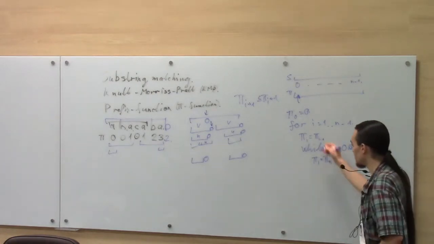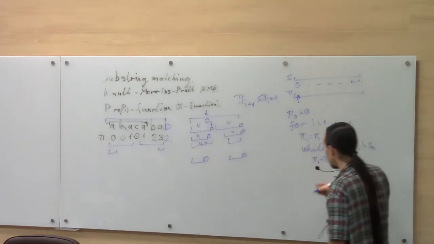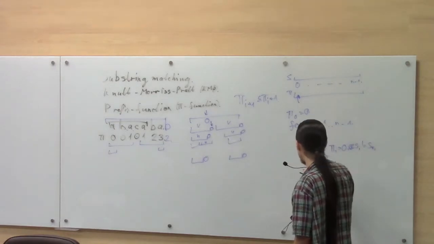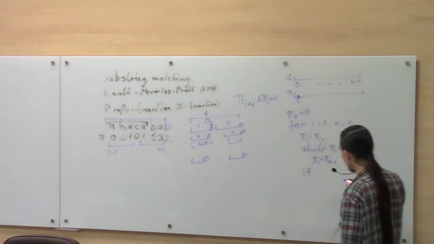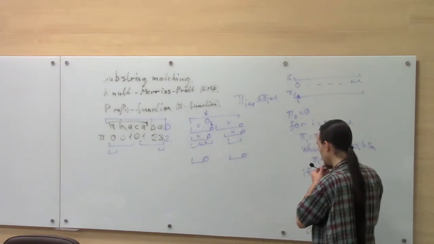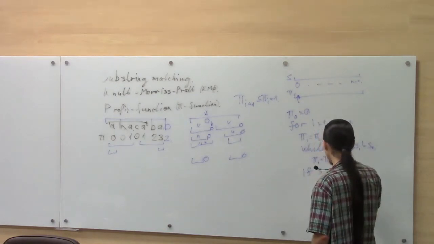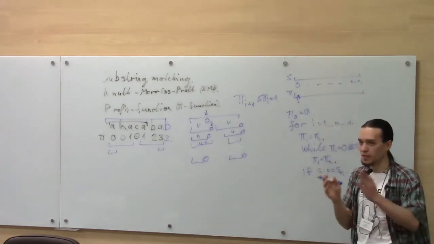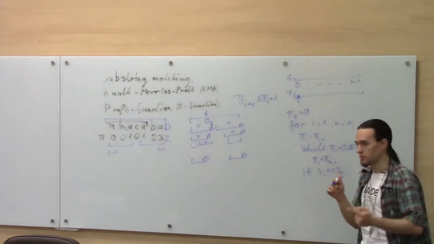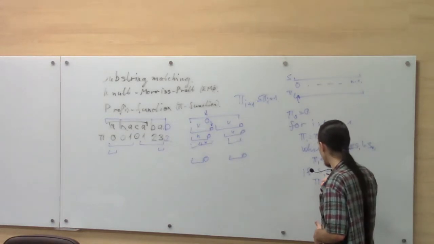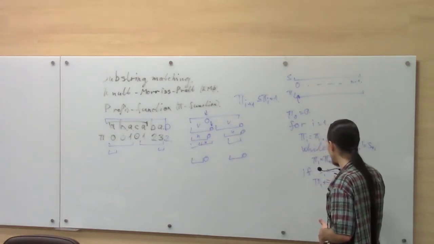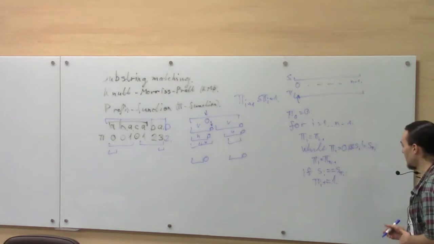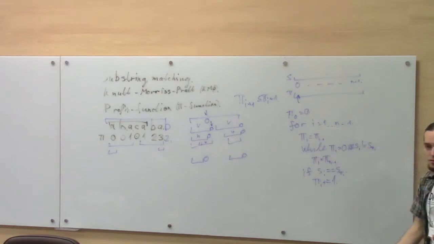So to make easy work of all these cases, we are going to write if this condition holds, like if s_i is equal to s_pi, then we say that okay, we can increase pi by 1. And that's it. That's the whole code to compute the prefix function.